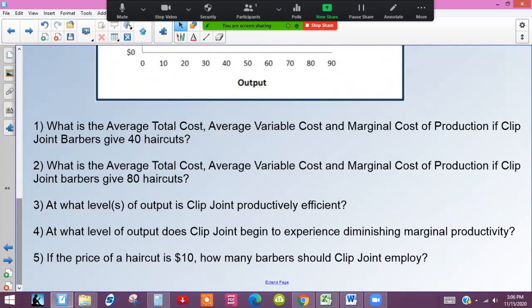Number 4, at what level of output does Clip Joint begin to experience diminishing marginal productivity? Well, that's easy.